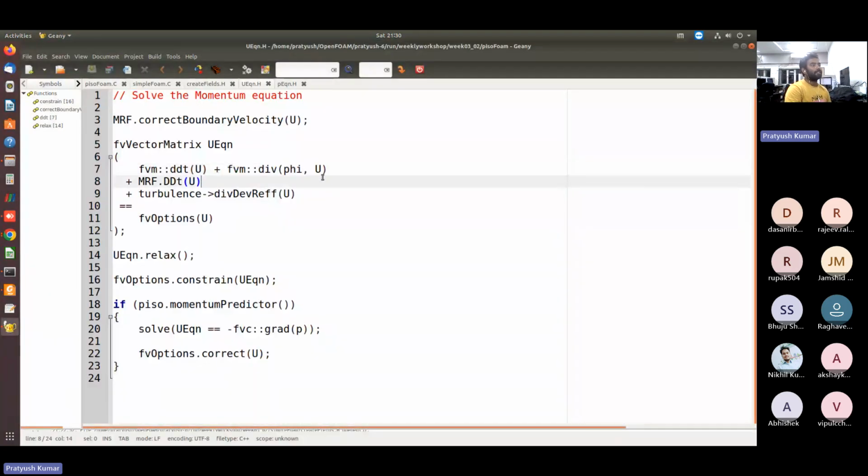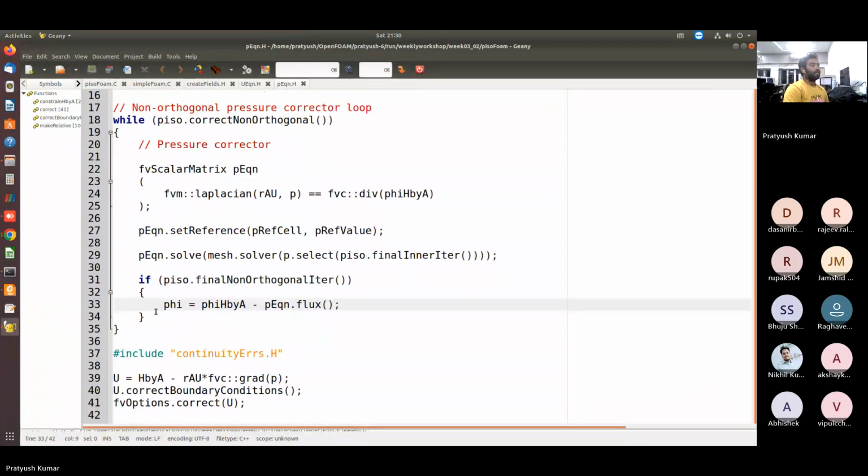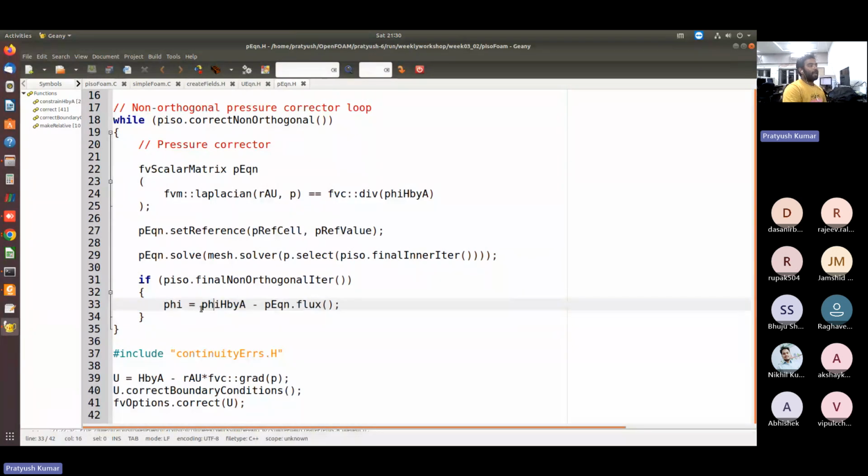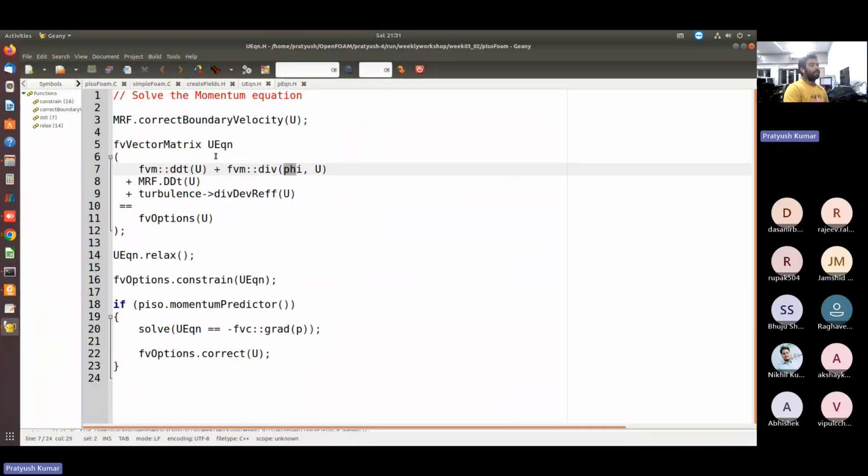Here this u is taken for the current iteration, and this phi is the velocity from the last iteration. That is updated here only, after finding the correct value of the velocity, and this phi is stored. While you take this iteration for the U equations, the numerical value of the velocity is taken for phi, but the other u is taken as the unknown value. So this is how this non-linearity has been avoided in OpenFOAM.